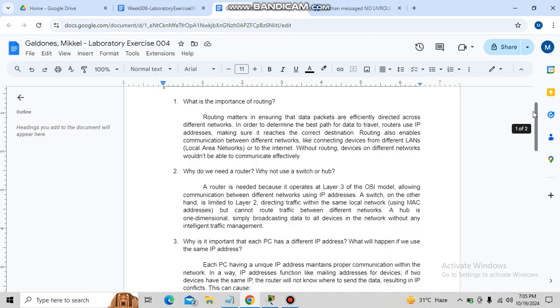Then that leads us to our second question. Why do we need a router instead of a switch or a hub? Now, a router is needed because it operates at layer 3 of the OSI model, allowing communication between different networks using IP addresses. On the other hand, the switch is limited to layer 2 in directing traffic within the same local network, but it unfortunately cannot route traffic between different networks.